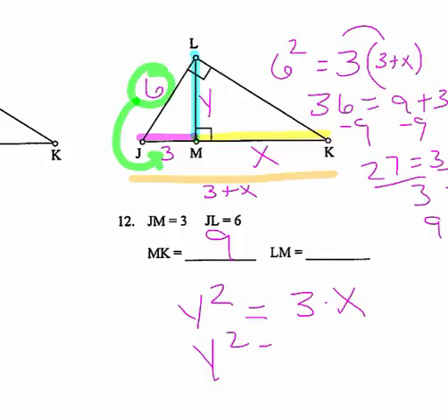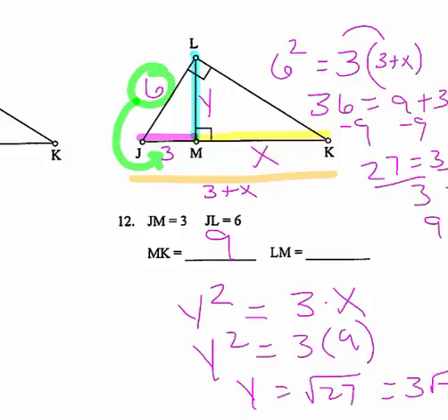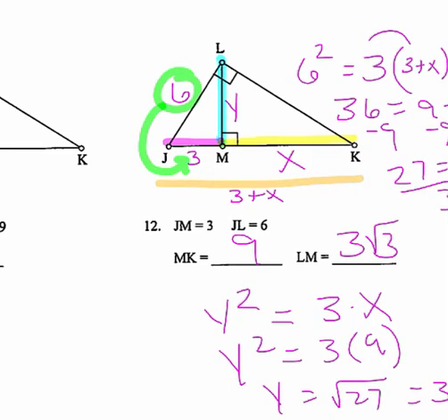But now we know that x is 9, so y squared equals 3 times 9, so y equals the square root of 27, which is equal to 3 root 3. And that's a perfect example of how we're going to use those two theorems to answer a question like number 12. So try the rest and see if you have any questions. Good luck.